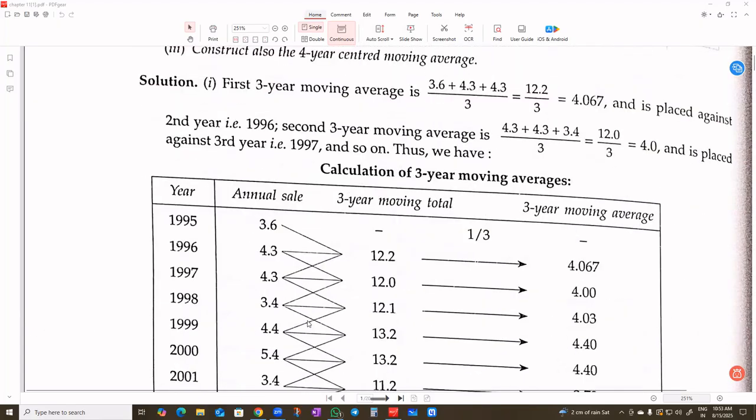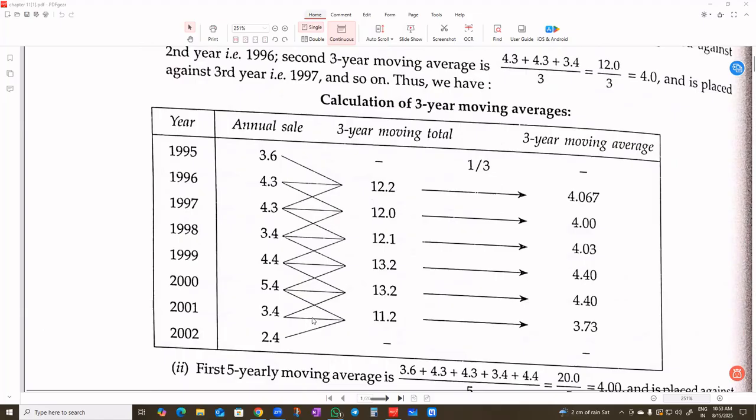According to the table, first we consider 3.6, 4.3, 4.3. The total value will be 12.2, divided by 3. The same thing will be presented in the examination, same lines, same arrows. You should use the same table.